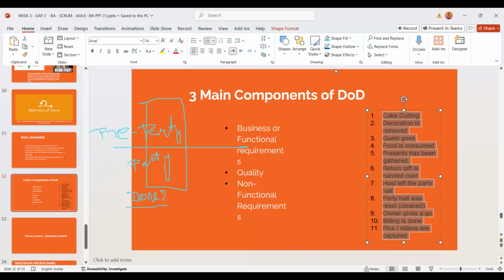Just give me a second. The file is loading.